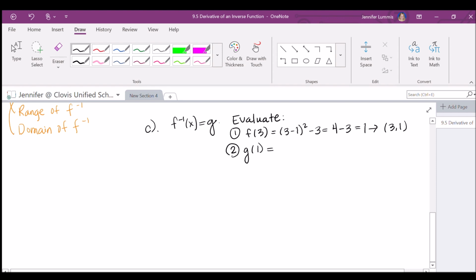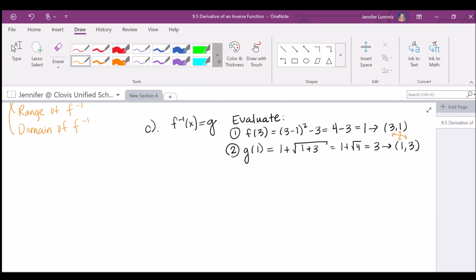So plugging 1 into the inverse will be 1 plus the square root of 1 plus 3. So that's 1 plus root 4, and 1 plus 2 is 3. So we have the coordinate pair 1, 3. So this shouldn't be a surprise since f and g are inverses of one another. Their x and y's switch places.